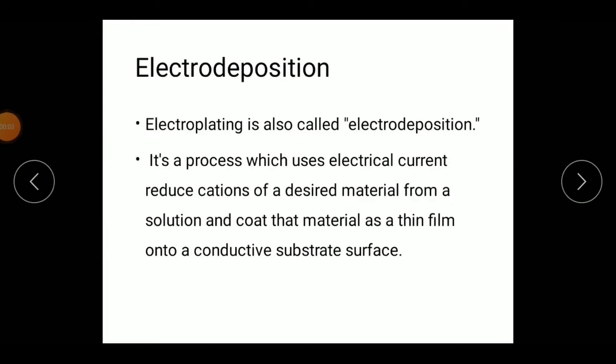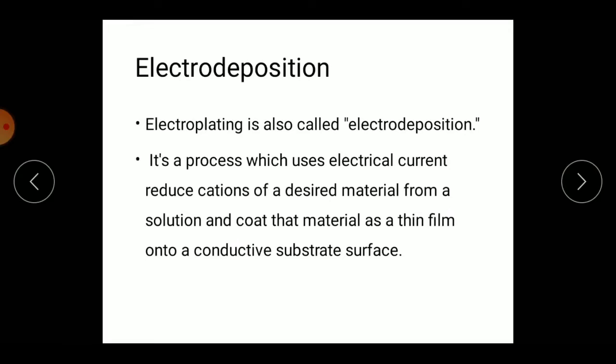Hello guys, so here we'll begin with electrodeposition. So in general, what does electrodeposition mean? It is nothing but the deposition of a substance on an electrode by the action of electricity or electric current. So that is your electrodeposition. So electroplating is also called electrodeposition, which means electroplating is considered to occur by a technique of electrodeposition.